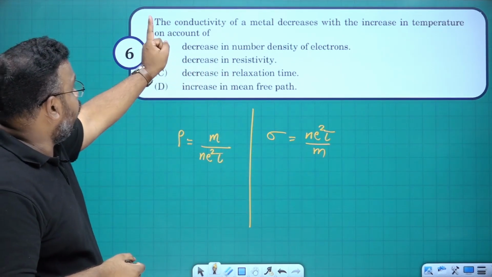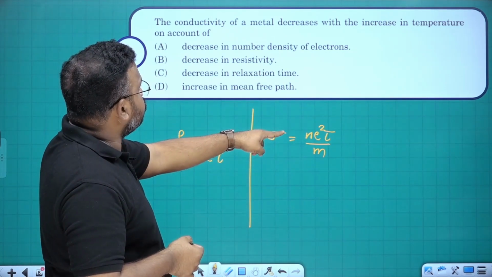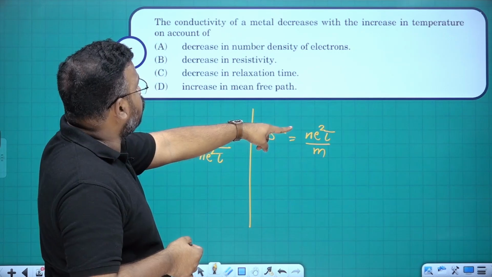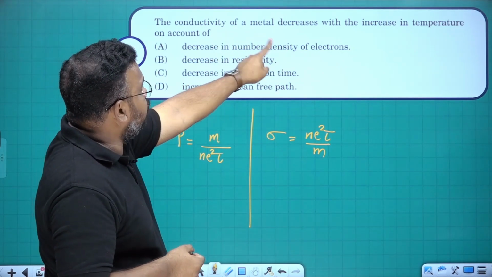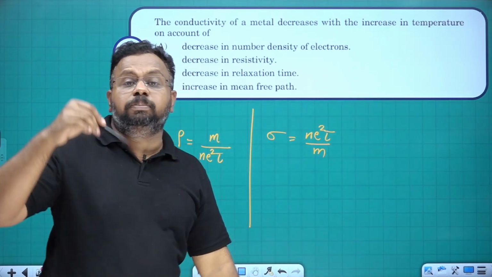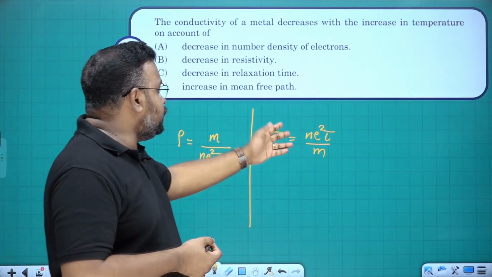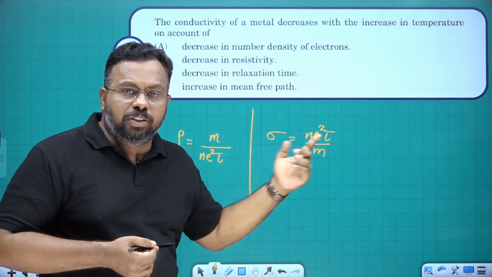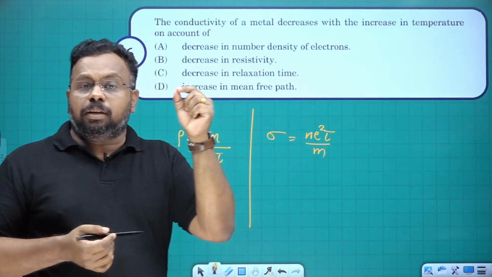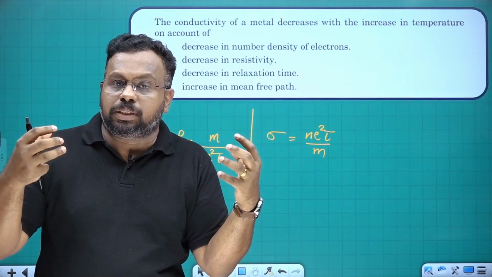Now we can check. First one, decrease in number density. The question is the conductivity of a metal decreases with the increase in temperature. When temperature increases, what will happen? It won't make any change in number density and so on. The only factor that is going to change as per this equation is relaxation time. What is relaxation time? Relaxation time is the time interval between two successive collisions.